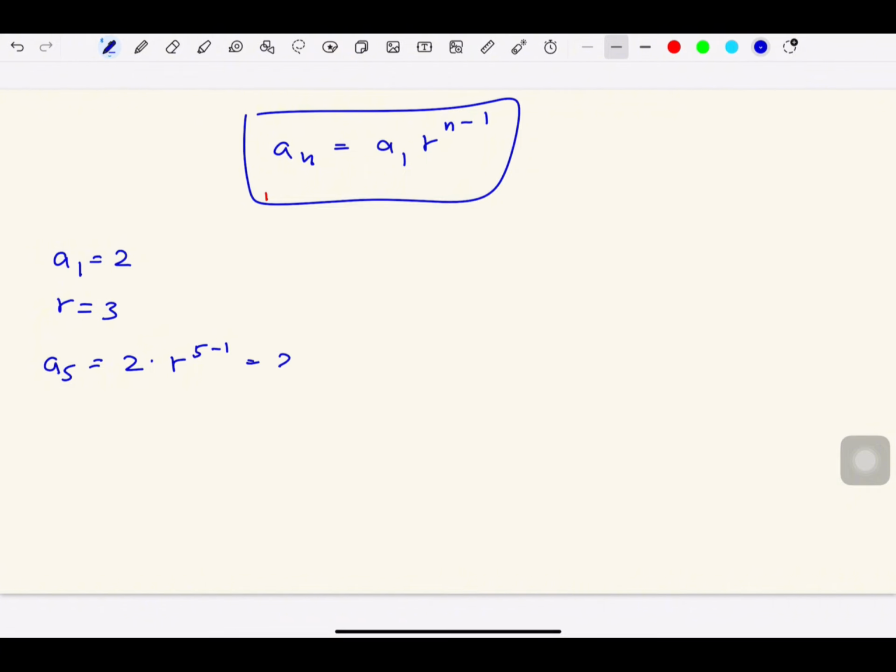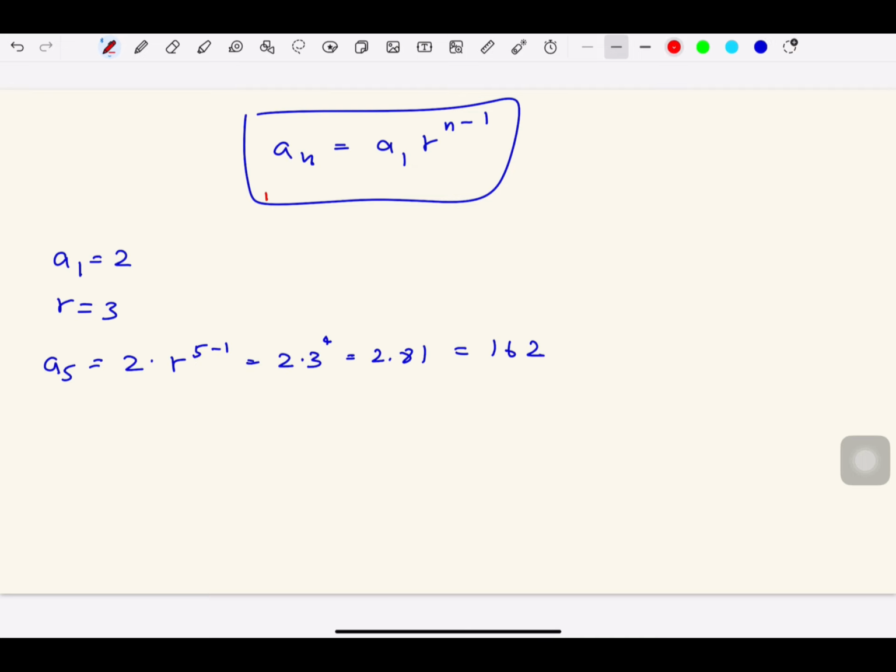That is 2 multiplied by 3 to the power 4. So this is 2 multiplied by 81, which is 162. So in this sequence, your fifth term will be 162.